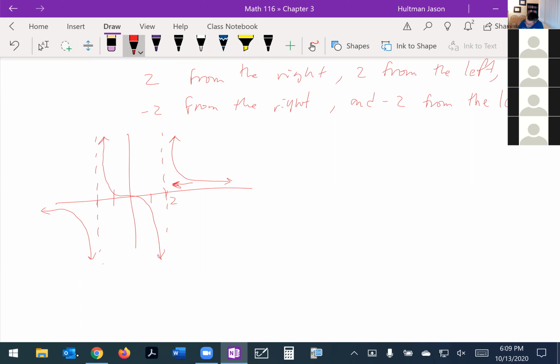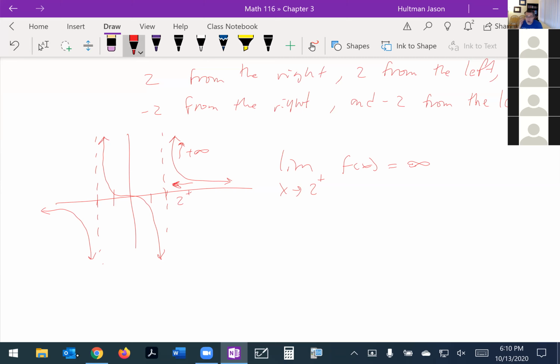Well, the function is going to positive infinity. As x approaches 2 from the right, we say that the limit as x approaches 2 from the positive direction of f of x is equal to positive infinity. Why? Because the function is going toward infinity as x approaches positive 2. And we do a little 2 plus there.